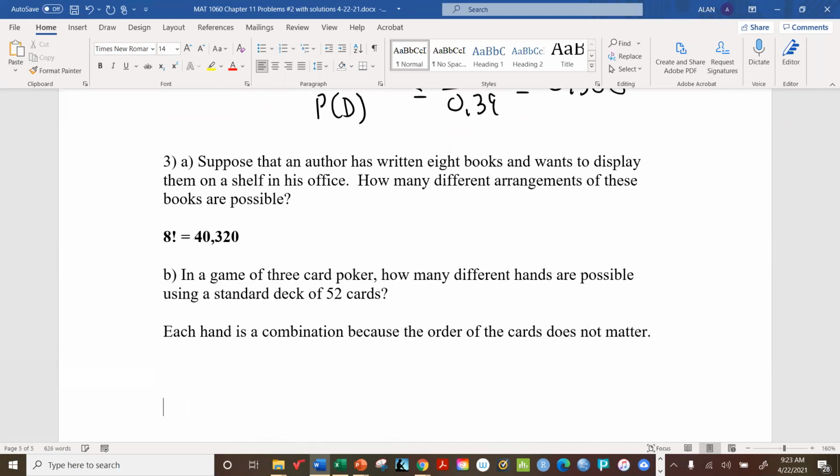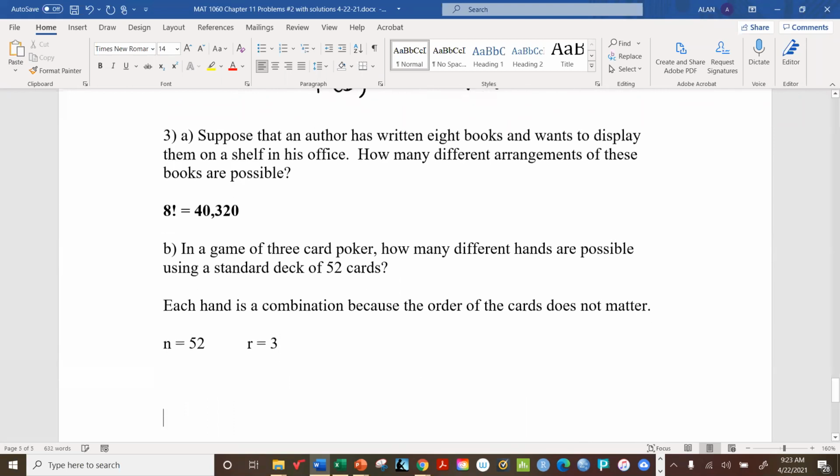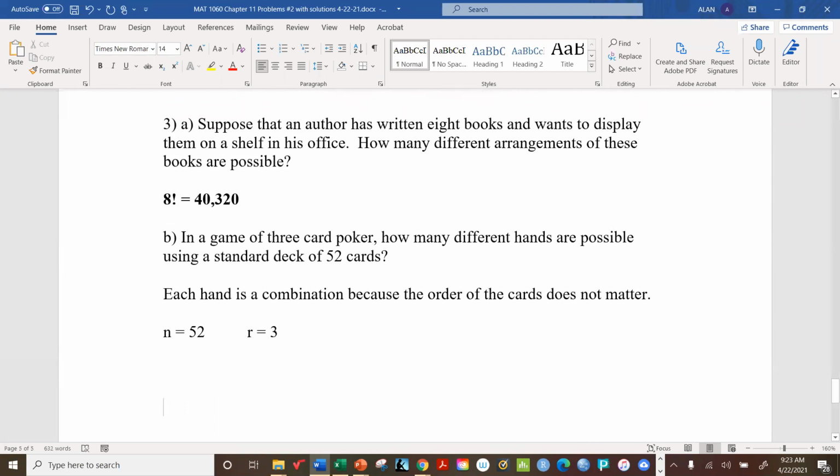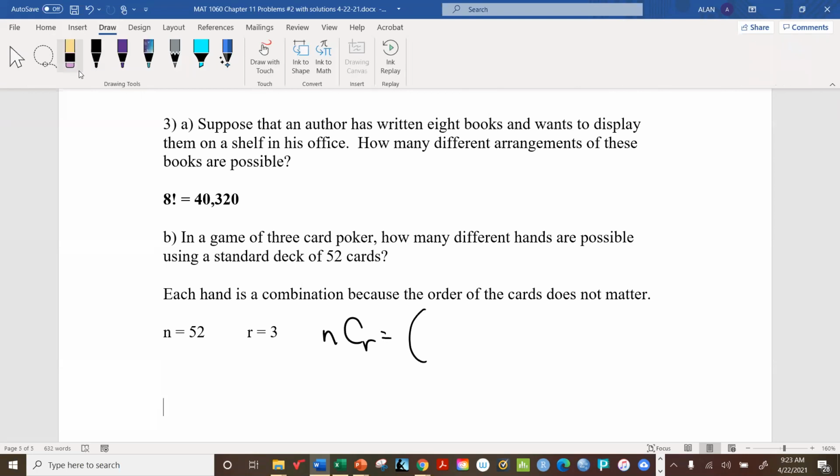Okay, so N equals 52 and R equals 3. So the formula, as you recall, can be written a couple of different ways, but let's do it like this.